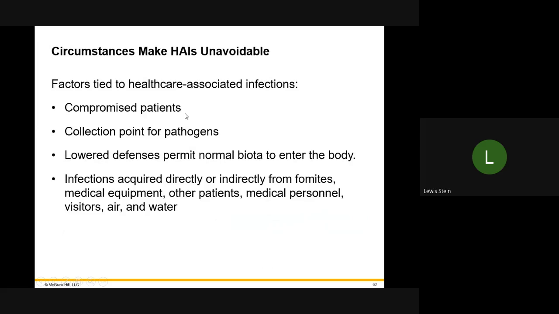Compromised hosts, areas where we find a lot of pathogens, where there's sick people, is why we don't do as many procedures now, and why a lot of procedures are done on an outpatient basis. So-called, quote, clean procedures, a lot of doctors want to do in surgery centers, where they're typically going to be a same-day procedure, where they don't have to stay in the facility very long.